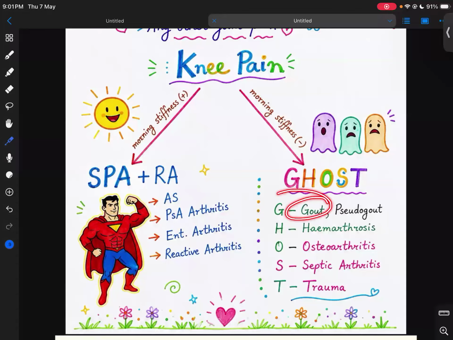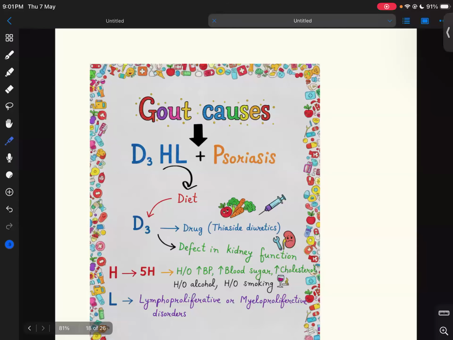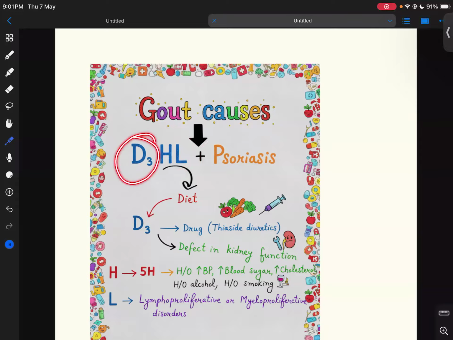For gout, to rule it out, we have to remember another mnemonic. I don't know whether all of you know, there's a parcel company named DHL. So you have to remember the mnemonic of DHL and psoriasis to remember the causes of gout. Here, D are 3D.